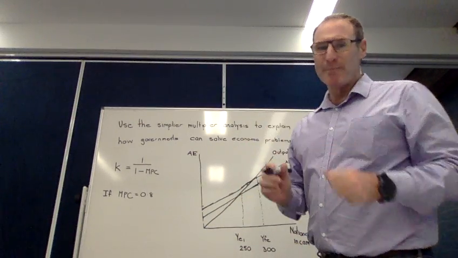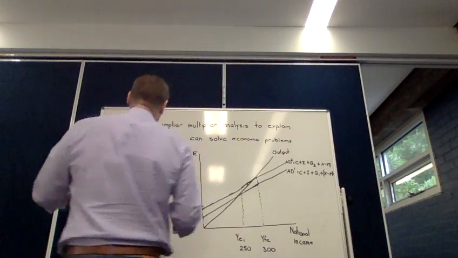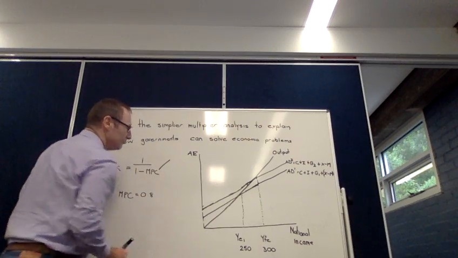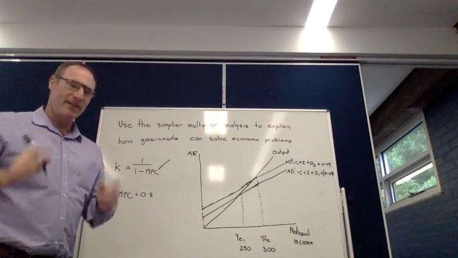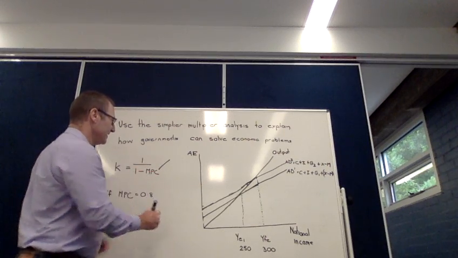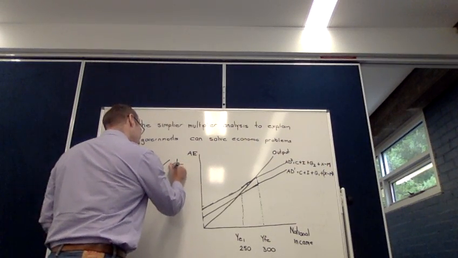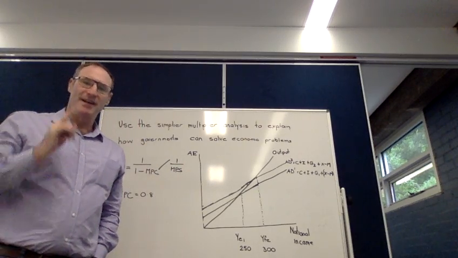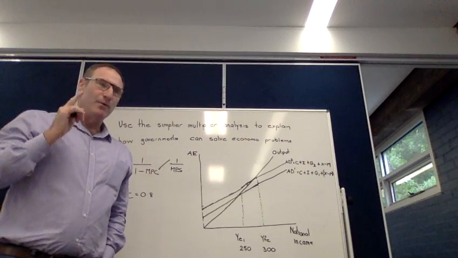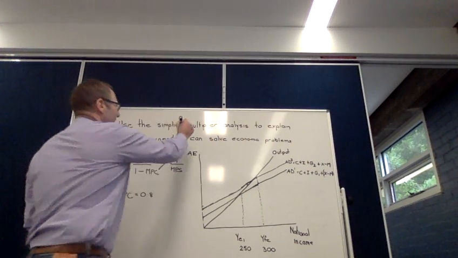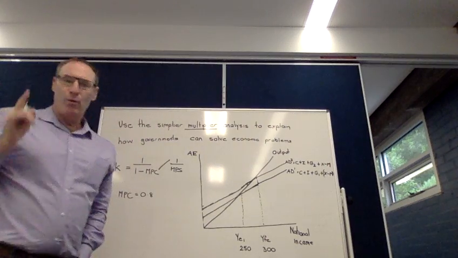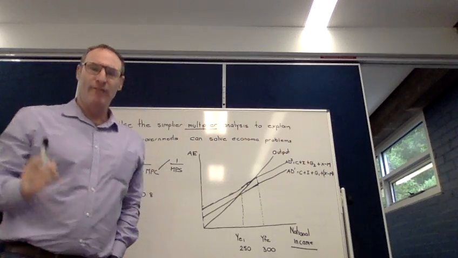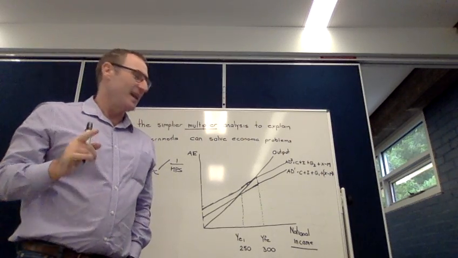If you remember, the formula for the simple multiplier is 1 over 1 minus the MPC rather than 1 over the MPS, because they want you to remember that it is about consumption, because the multiplier is about the proportional change in national income that is resulting from a change in aggregate demand.